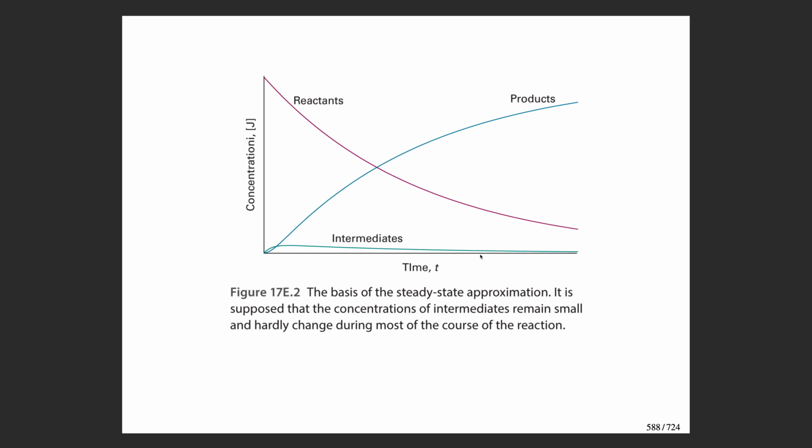The reason it's steady is because the reactant is constantly producing intermediate. As the reactant reacts, it produces the species I. It's just that species I reacts very quickly to form the products. As a consequence, the intermediate concentration does not build up very large because it reacts immediately.